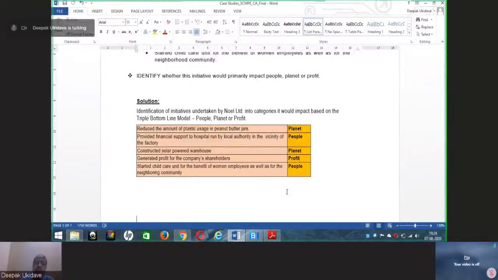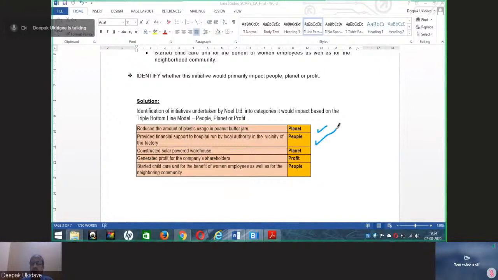So, identification of initiatives undertaken by Noel Limited into categories that would impact, based on the triple bottom line model. So we have people, planet or profit. Reduce the amount of plastic usage in the peanut butter jars. Yes, our answer was correct, that is planet. Providing financial support to a hospital by local authority, people.